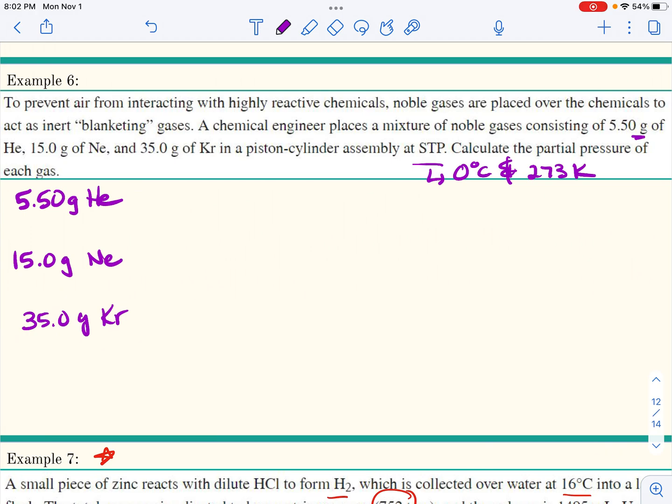Okay, so if we're going to use the mole fraction, we could do PV = nRT, or PV = (g/M)RT in this case, and then we could solve for P, which would be gRT over VM, and the grams would be the mass that we were given, and we can pick whatever pressure we want.